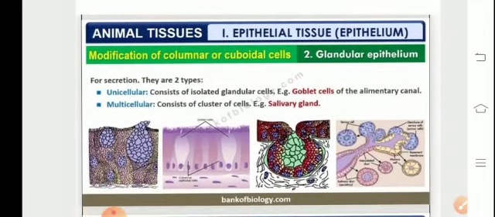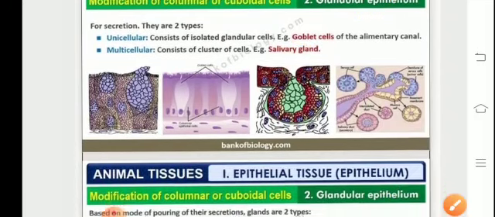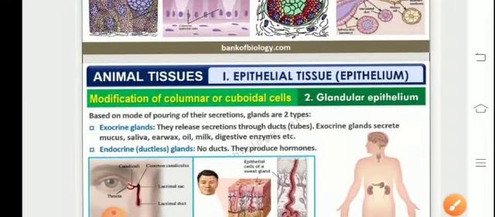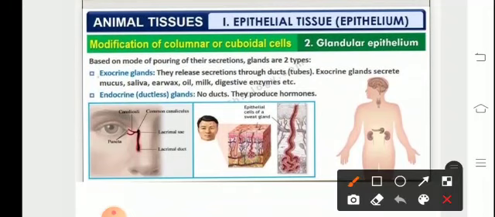The modification of cuboidal cells can also take the form of glandular epithelium, which is of two types: unicellular, for example the goblet cell present in the alimentary canal, and multicellular, for example the salivary gland, which secretes the enzyme salivary amylase. Depending upon the secretion, the glands are either exocrine or endocrine, or they could even be heterocrine.